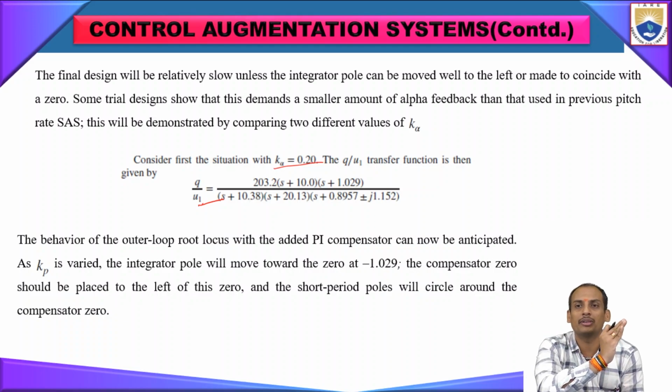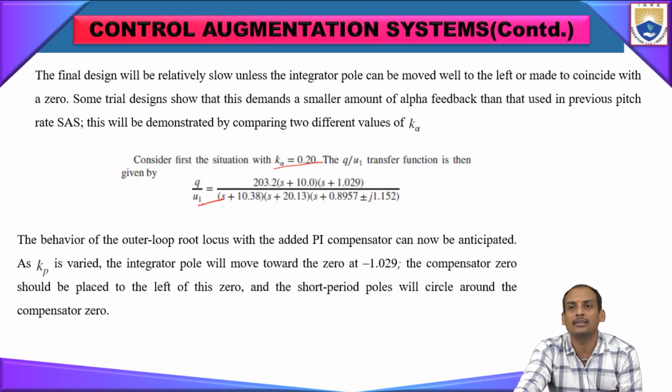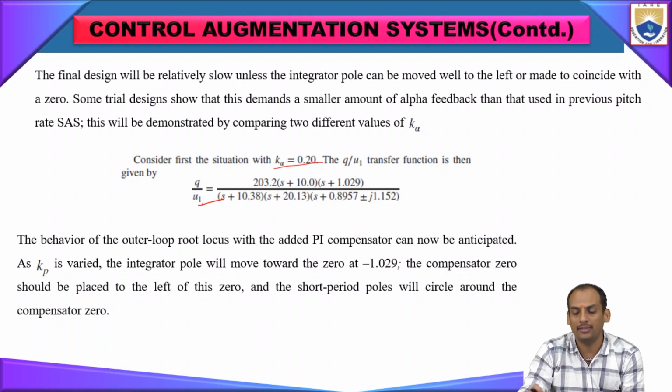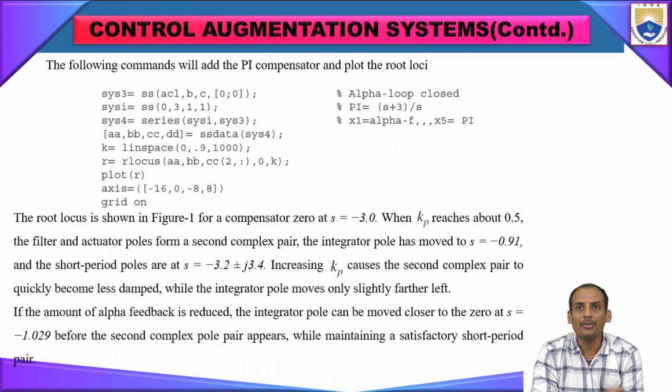The compensator 0 should be left of this 0 only, and the short period poles will circle around the compensator 0.